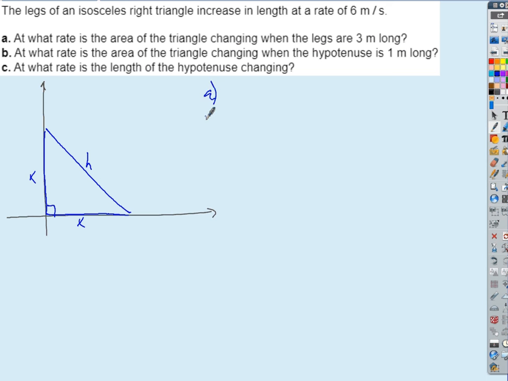Okay, so part A, what are our snapshot values? Okay, so for me, it would be X dot. Yeah. So we have X dot equals 6, and as long as we keep lengths in meters and times in seconds, we don't need the units on there. What else do we know for part A?